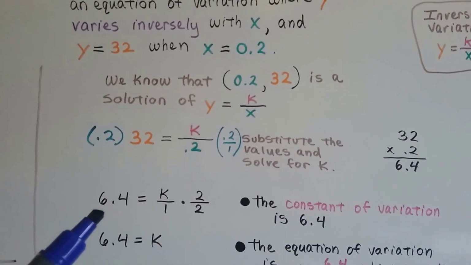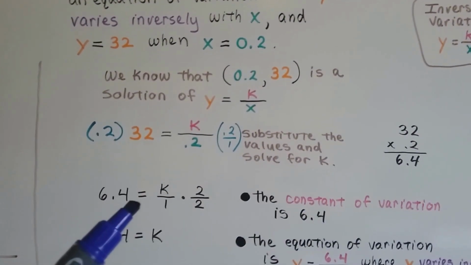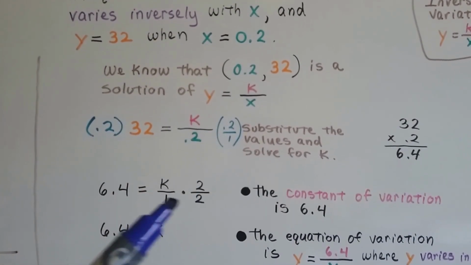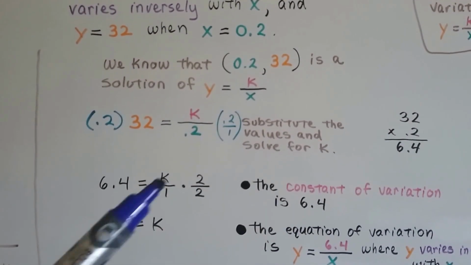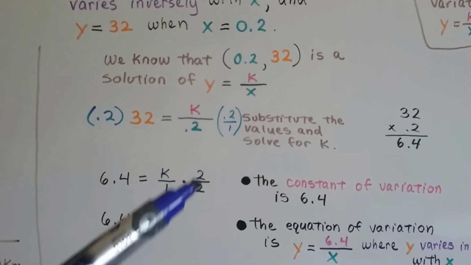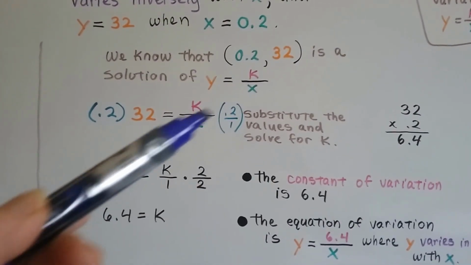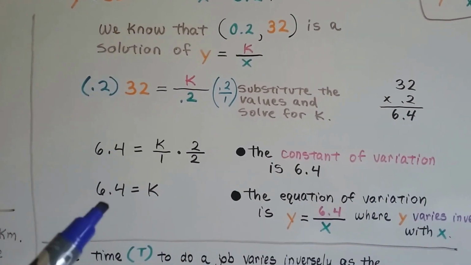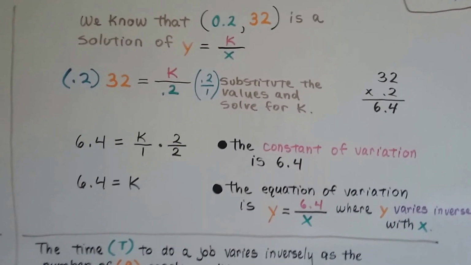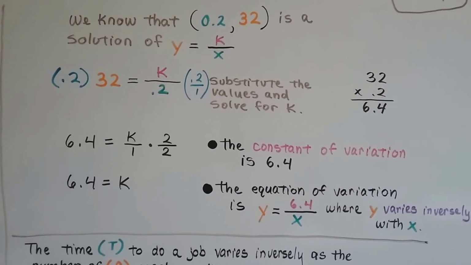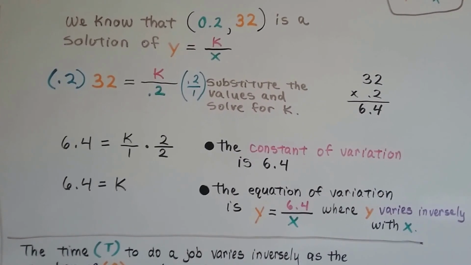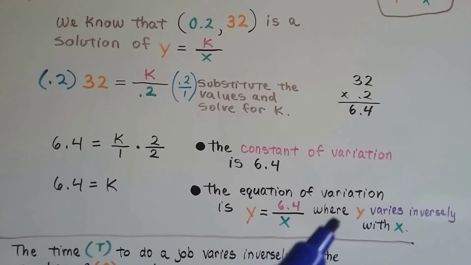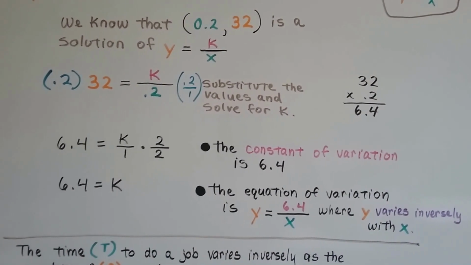So we know that 6.4 equals k over 1, see? Because this 2/10 and this 2/10 cancel out as a 1. So we're left with 6.4 for k. So our constant of variation is 6.4, and the equation of variation is y equals 6.4 divided by x, where y varies inversely with x.